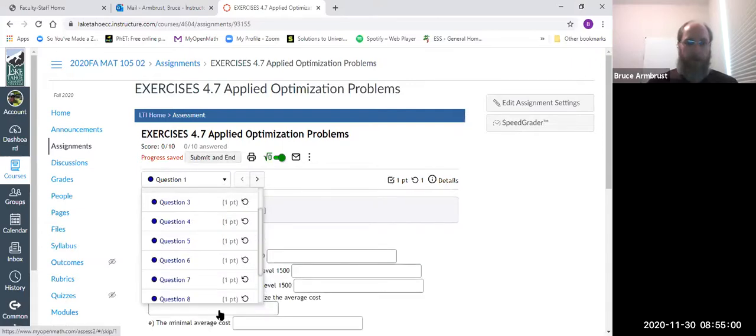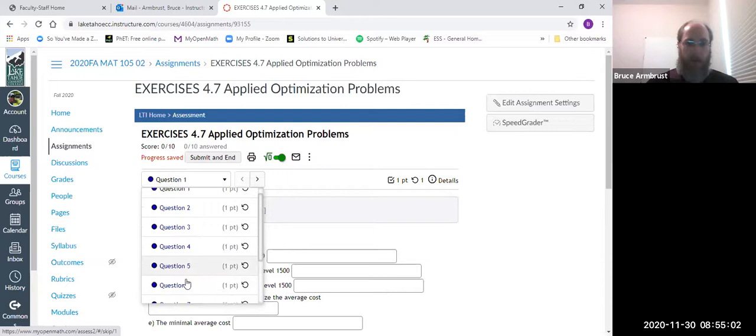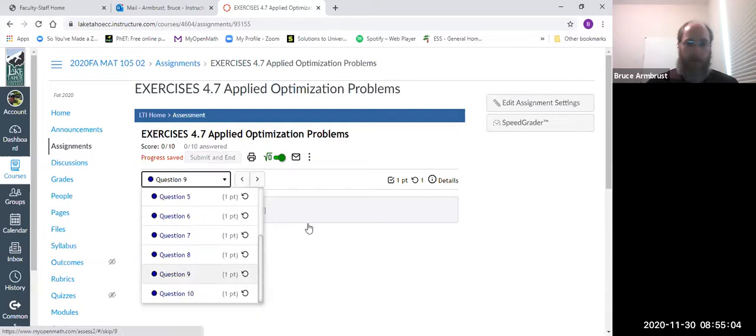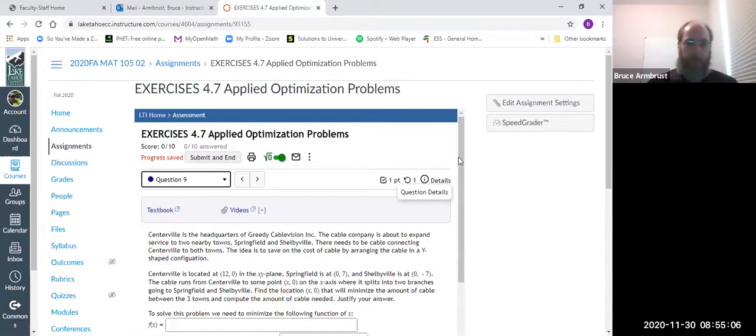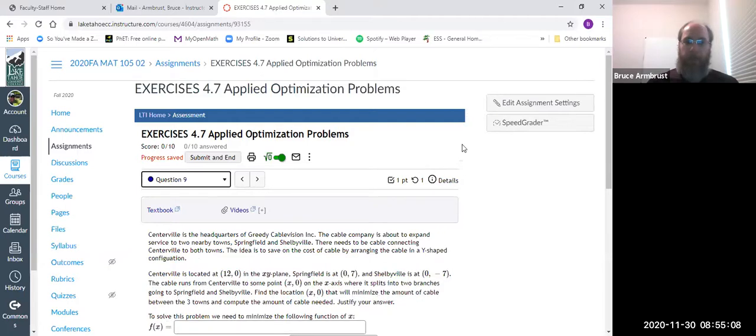So let's hop down here and look at question number 9. Centerville is the headquarters of Greedy Cablevision Inc. The cable company is about to expand service to two nearby towns, Springfield and Shelbyville. There used to be cable connecting Centerville to both towns. The idea is to save on the cost of cable by arranging the cable in a Y-shaped configuration.